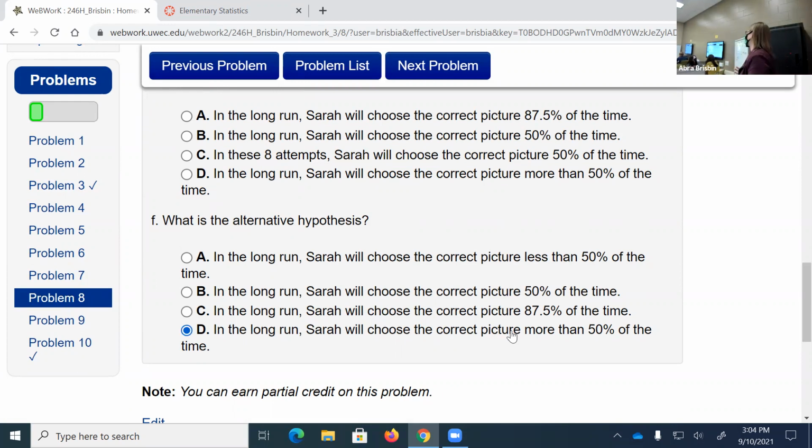So we're not interested in the possibility that she's getting it wrong on purpose. We're only interested in a one-sided hypothesis. Our null hypothesis is that pi or p equals 0.5, and the alternative is that pi is greater than 0.5.